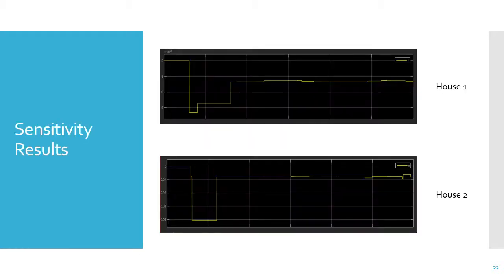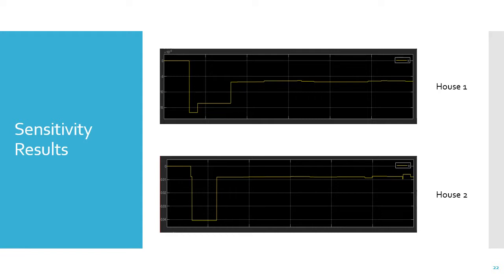Due to the current situation with the MATLAB license, we could not record our simulation, but we want to share some of our results during testing. We begin with the sensitivity result. As you can see, the sensitivity has increased from the first house to the second house.